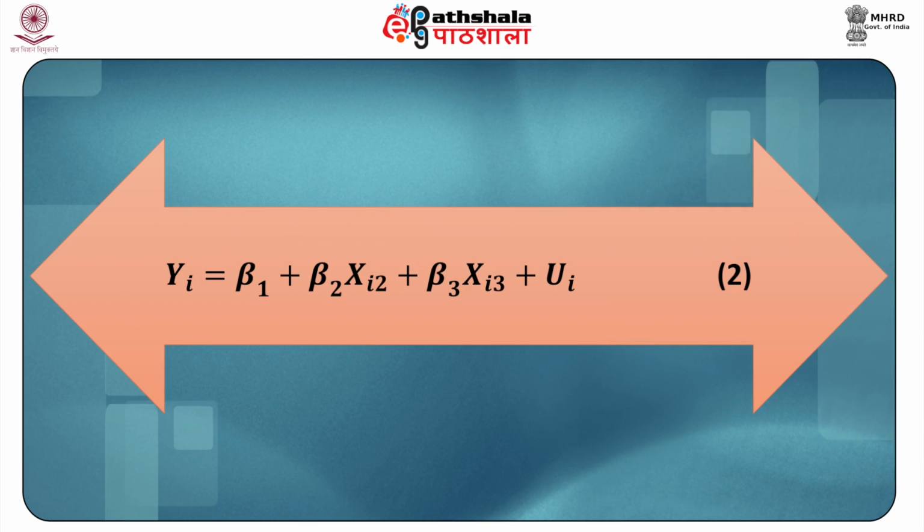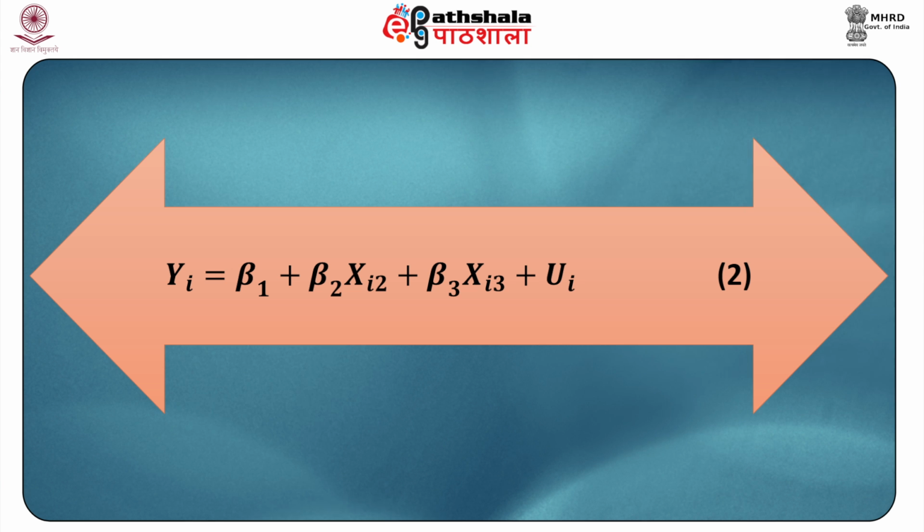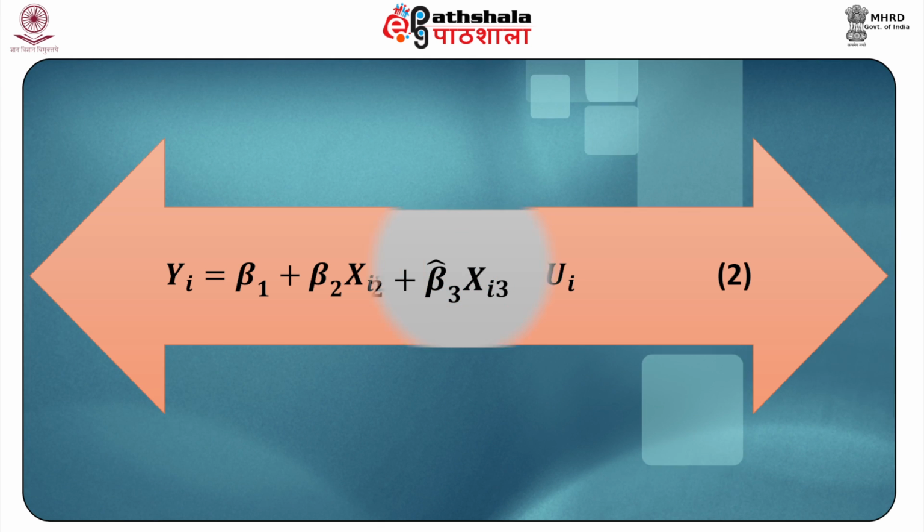For the sake of simplicity, let us take the case of just two explanatory variables and denote our equation 1 as yi is equal to beta 1 plus beta 2 xi2 plus beta 3 xi3 plus ui, which is our second equation.